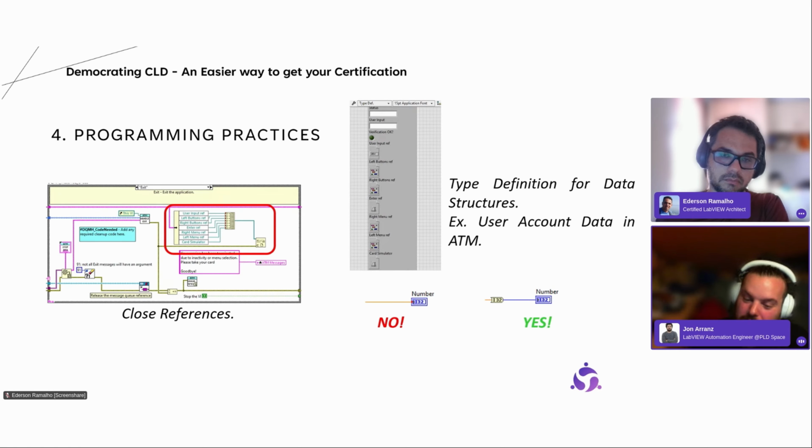In this case, we have a double or a single, we don't know, wired into a numeric that is an I32, and there is a coercion dot. In order to avoid it, we have the Convert to I32, so the little red dot is not there.